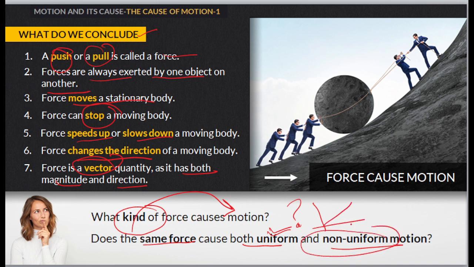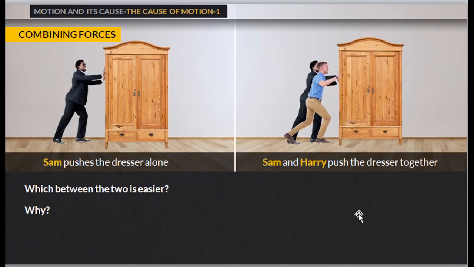In case of non-uniform motion, the object covers unequal distance in equal intervals of time, and the graph is some curve. I'm talking about the position-time graph, so from the graph we can tell about uniform and non-uniform motion as well. So let's see the answers to these questions.